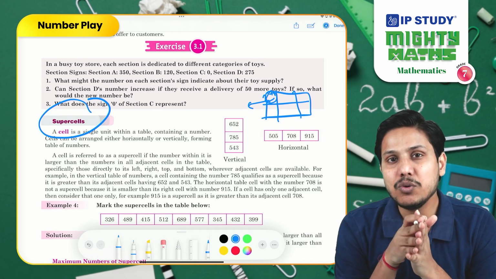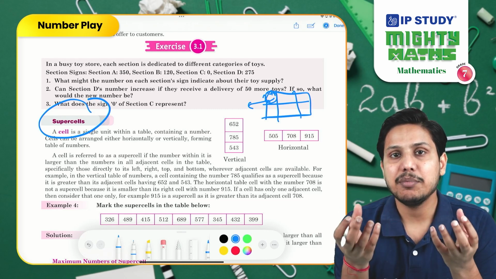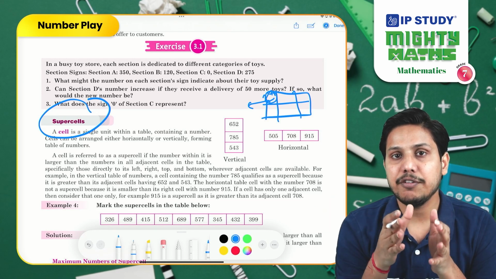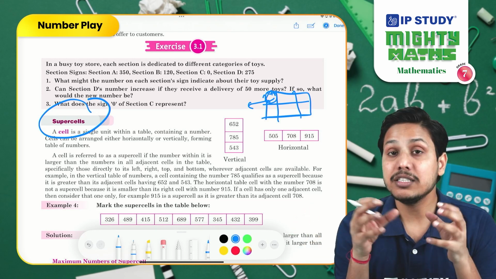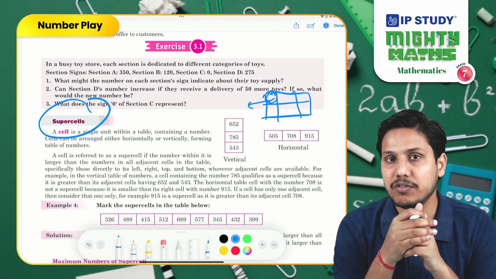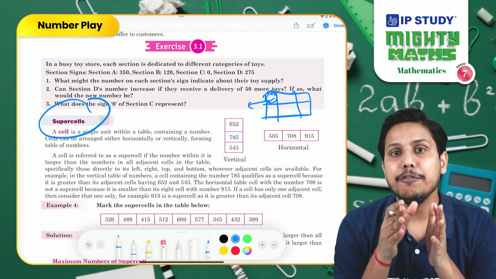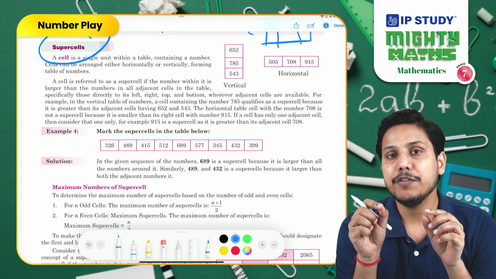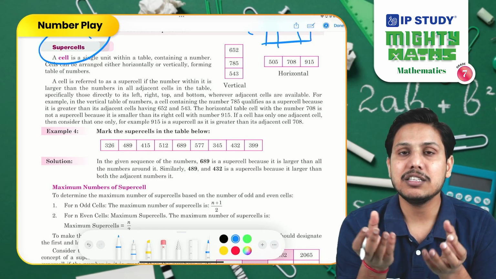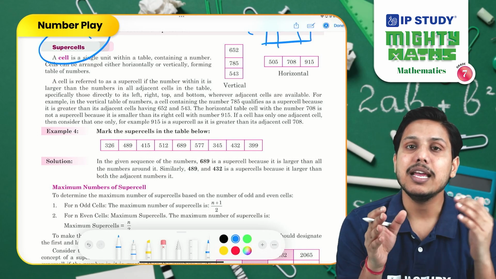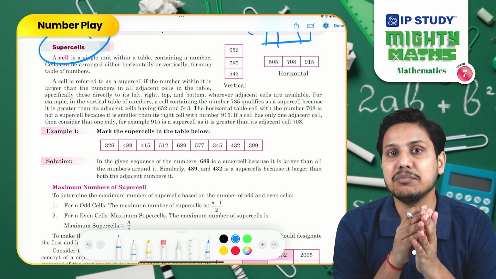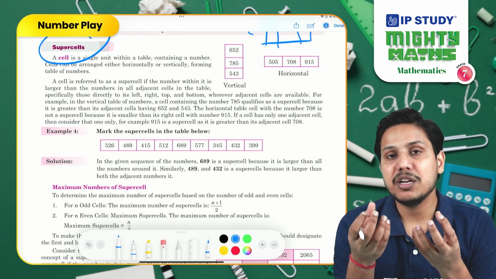Now there is a rule: let's suppose there is a table and in each cell we have some numbers written. If we observe those numbers, and the rule says if a number is written in such a way that the numbers in its neighbors are smaller than the target number, then the number is called a supercell.